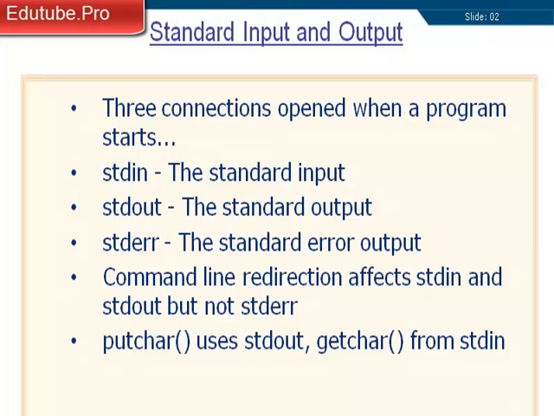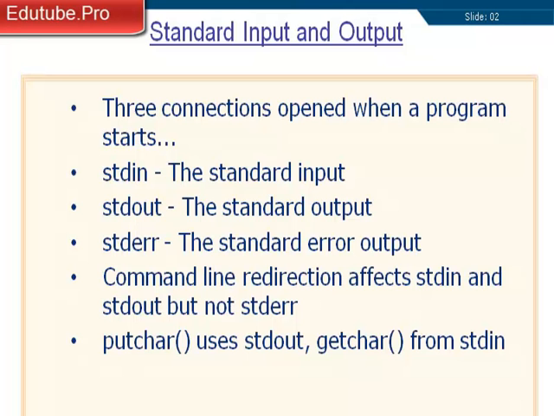Now, standard error is just like standard out. It's attached to the screen, the typical output, but standard error cannot be redirected. What you would have to do to get your standard error output to a log or some other place is close and reopen the standard error connection, which is not typically done.